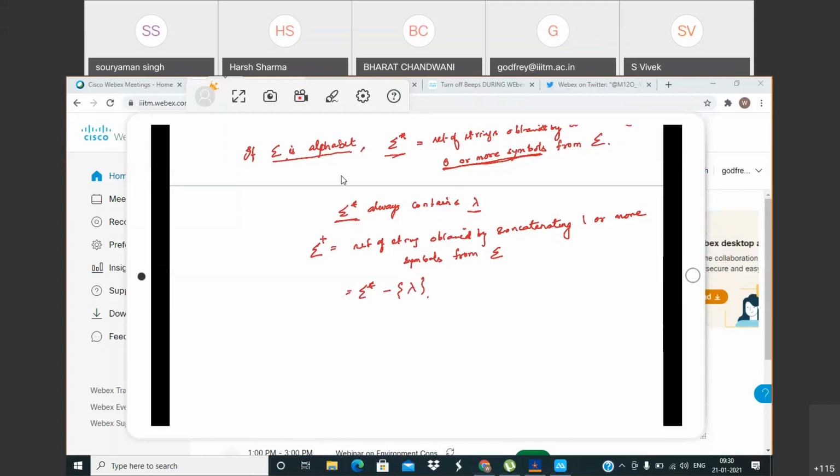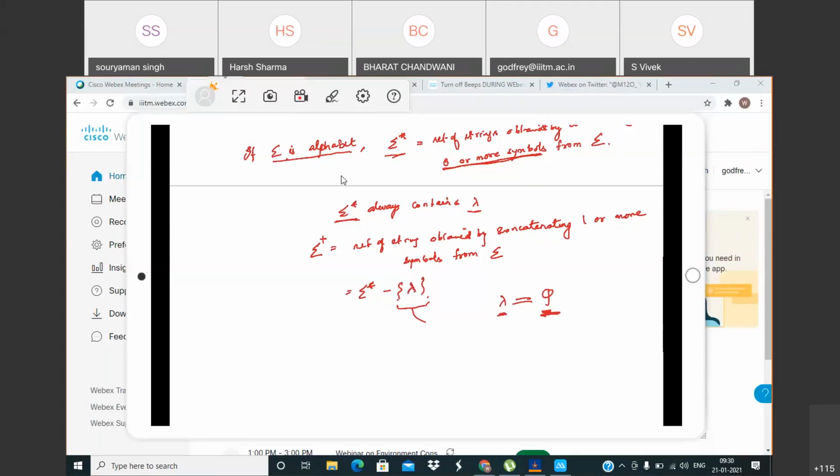Now, lambda doesn't mean an empty set. Empty set and lambda are not the same. Here you have a set with one string, and that string is a string of length zero.